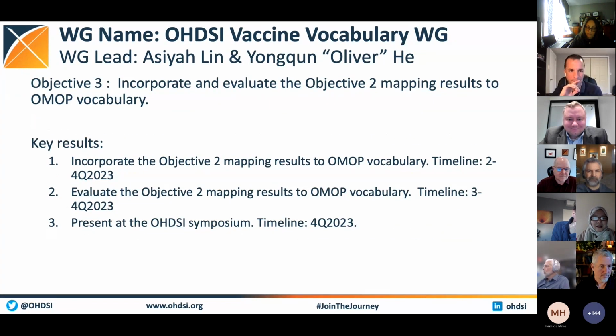And then we will incorporate the mappings into the OMOP vocabulary. While we're doing mapping, we want to do it in parallel, so we start to look at how to incorporate those mappings into the OMOP vocabulary and evaluate them. And then eventually we could present to the OHDSI symposium.